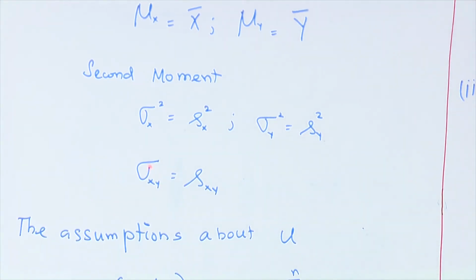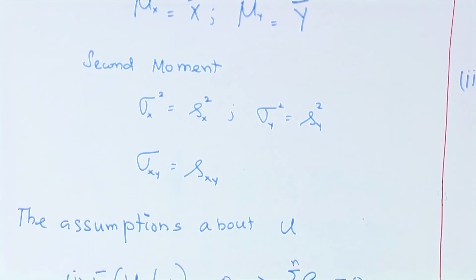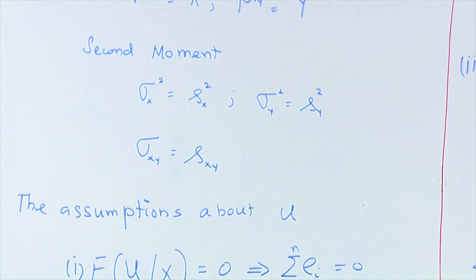Similarly, the population covariance sigma xy is taken to be equivalent to the sample covariance small sxy.